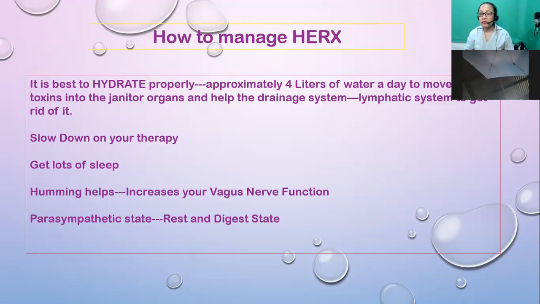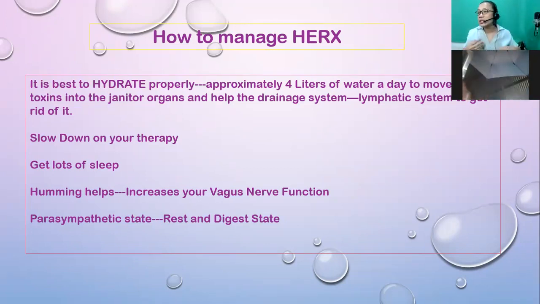So say for example, if your body reacts to 12 tablets of spirulina because of HERX reaction, and if you're not comfortable with it, you can slow down the intake. I'll make it 8, 6. Then, as you do that, your body is slowly shifting to this.